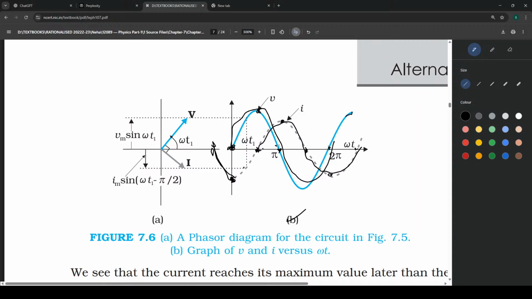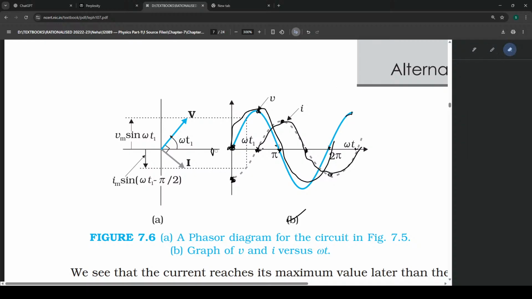Even though we shifted the wave forward, here current actually is at negative peak value, whereas the potential had already reached zero. That is why we say current is lagging behind.